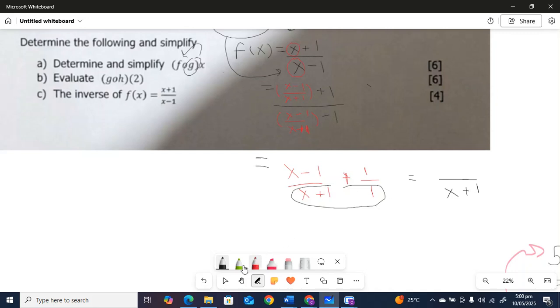Then you multiply 1 times x minus 1. So 1 times x, that is x. 1 times negative 1, that is negative 1.